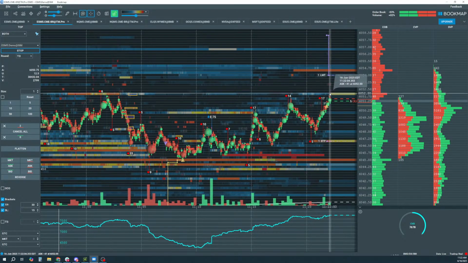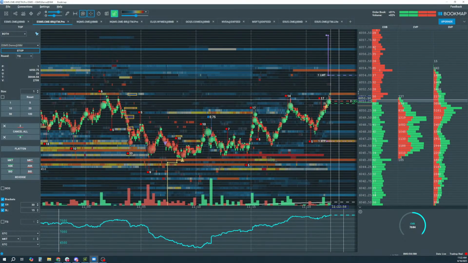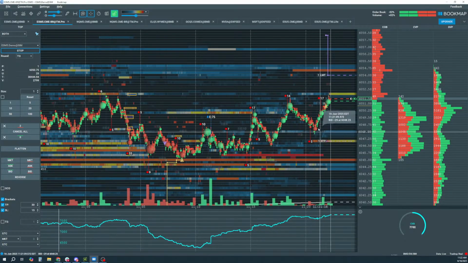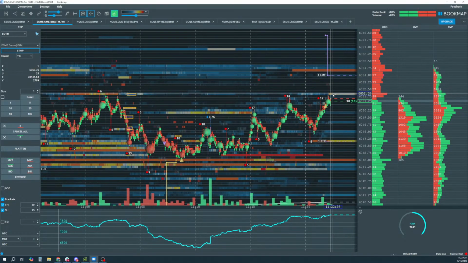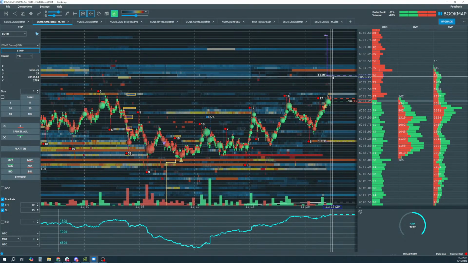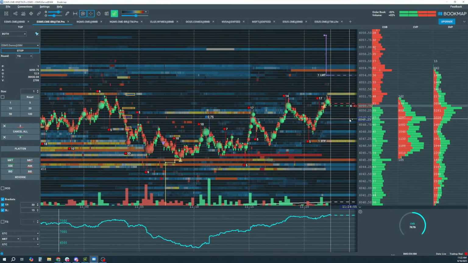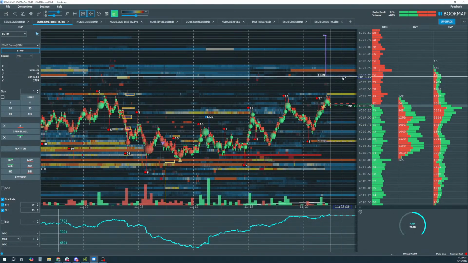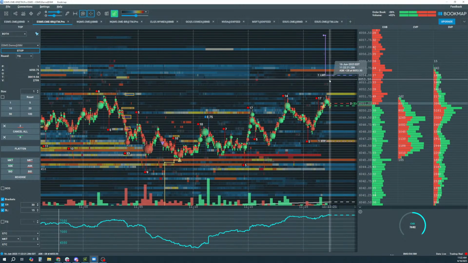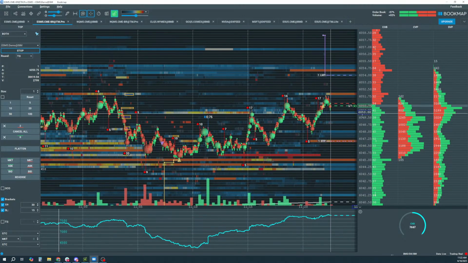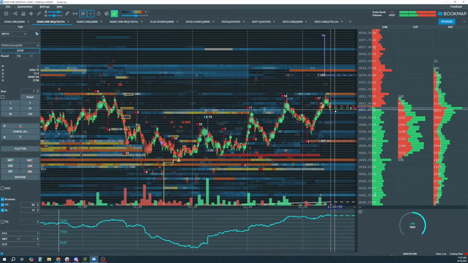I'm looking for just a little bit of price discovery higher. In fact, it's doing it. I should probably take some profit just up here. And then we'll probably get a pullback to somewhere around in here, 49 or so. Maybe 48.